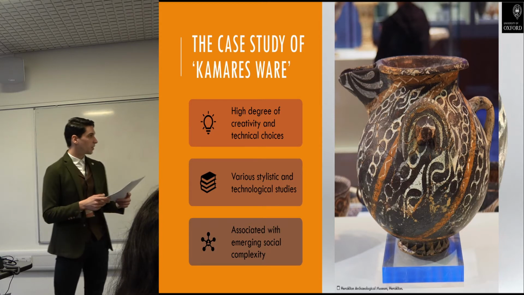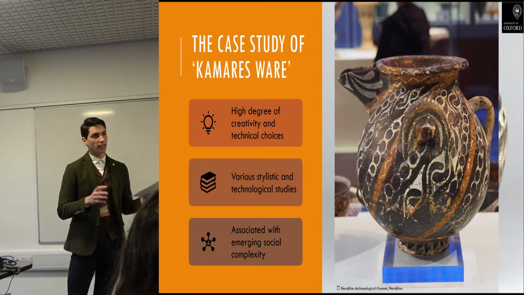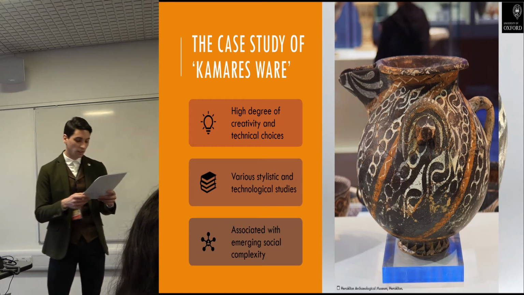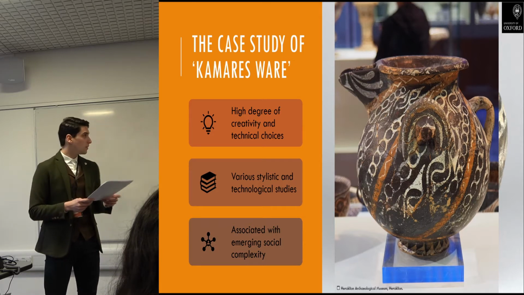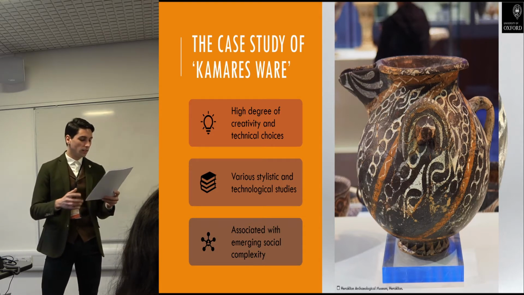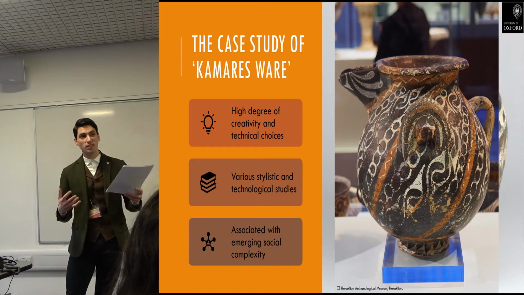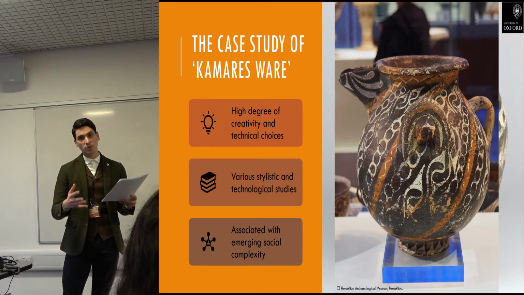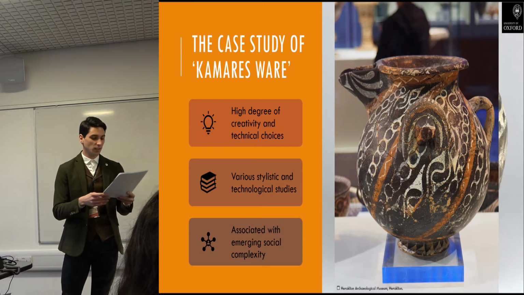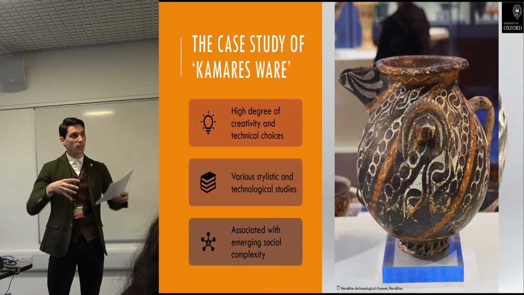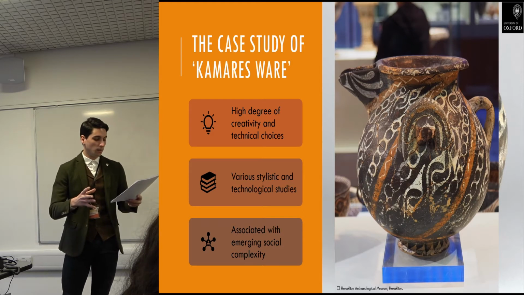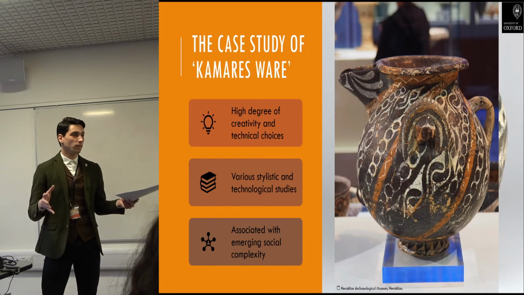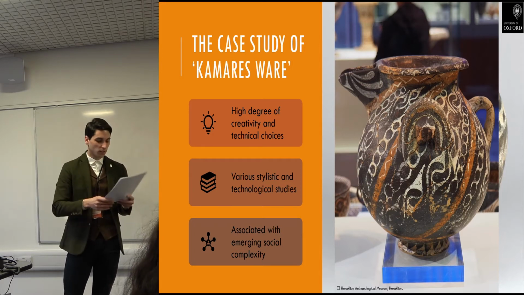There is also a high degree of creativity in Kamares ware. It's almost impossible to find two identical pots, even within the same settlement, within the same deposit, as in the case of Knossos that I'm working with at the moment. There have also been studies that in the past have analyzed the historical sequences of this class of materials, produced stylistic sequences, and also tried to link Kamares ware with the emergence of social complexity, an evolutionary narrative that places Kamares ware within an elitarian system that tries to use Kamares ware to give the idea of a pre-imposed social structure.